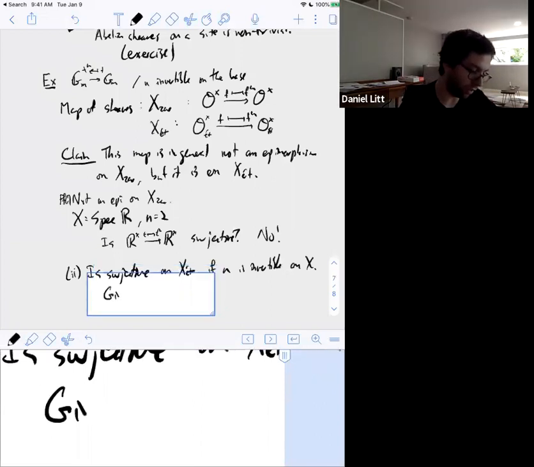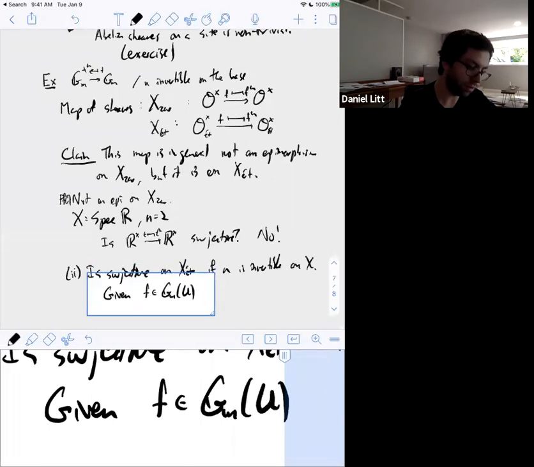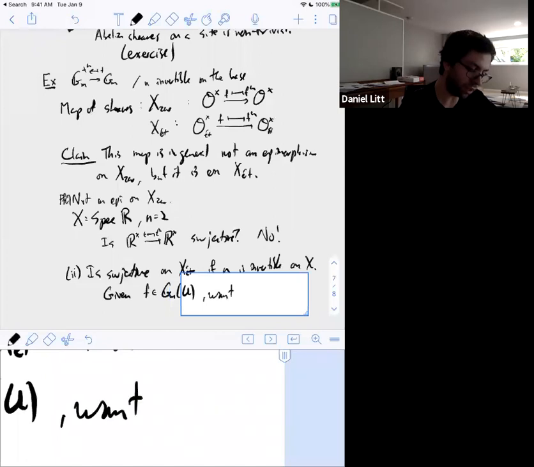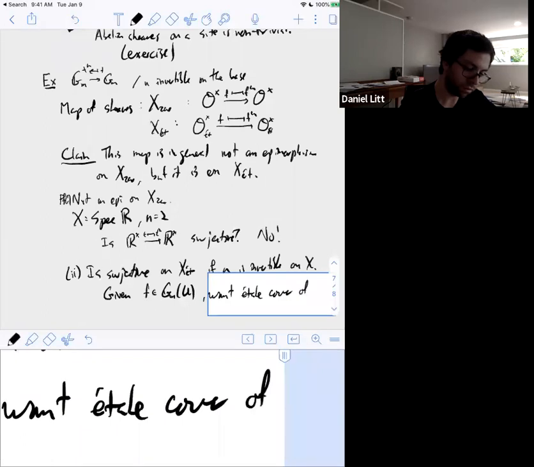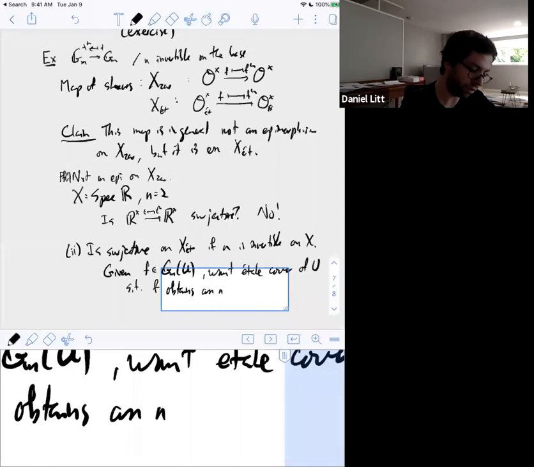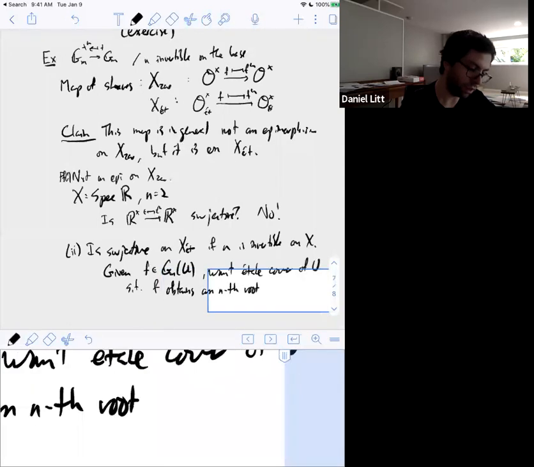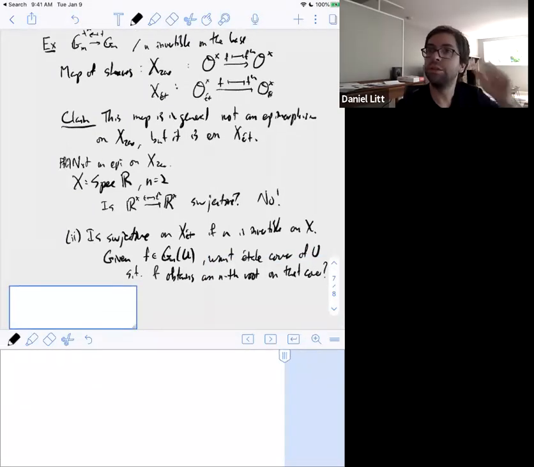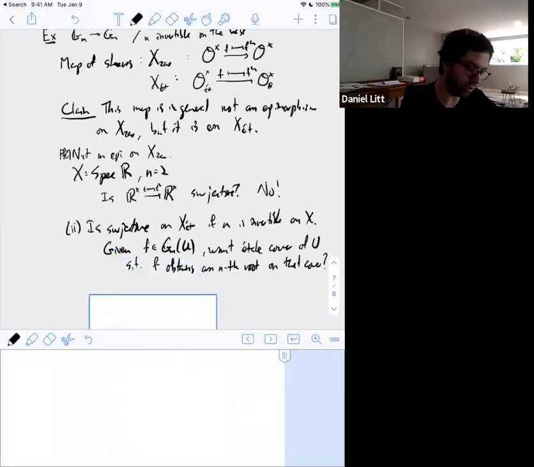So given f in G_m of U, we want an Étale cover of U such that f obtains an nth root on that cover. So someone suggests just adjoin an nth root. Yeah, so that's a great idea. So let's do it. So here's how I would do it.